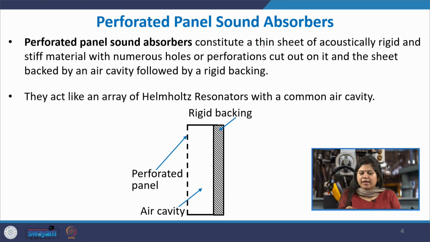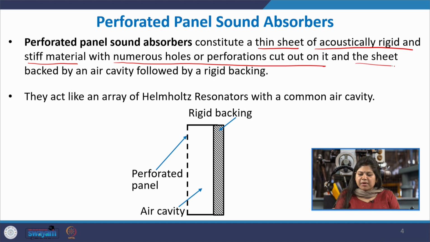It has a thin sheet of some acoustically rigid and stiff material, which means that when sound is incident on it, the panel should be rigid and should not undergo longitudinal vibrations. It remains rigid and stiff, and whatever sound is incident, the only way for the sound to enter and vibrate through is through the holes or perforations cut out in this panel.